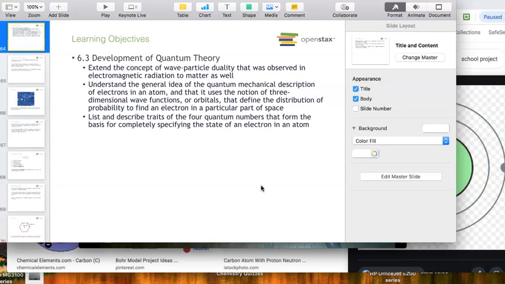It's important for you to understand the history, but in terms of testing, when we start to do more specific problems, calculations, and figuring out quantum numbers, that's something you're really going to have to be good at. We're going to take a little time to do some examples so that you're familiar with how to determine quantum numbers for different electrons in an atom.